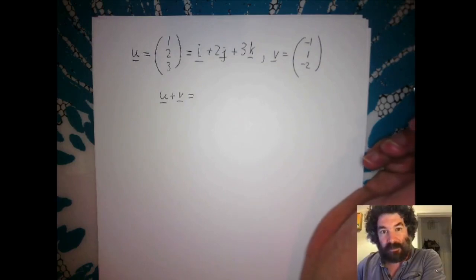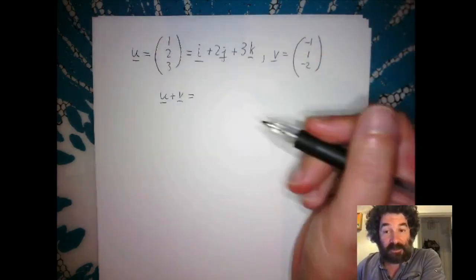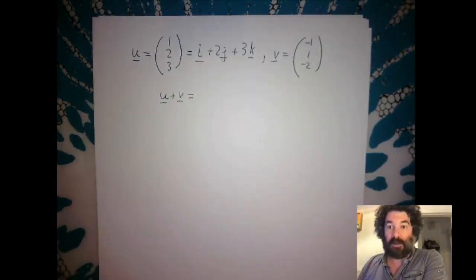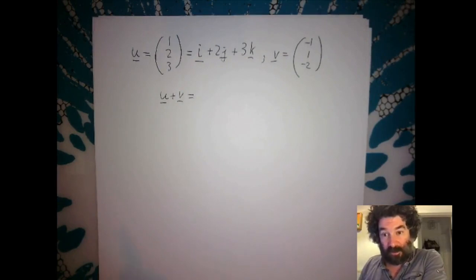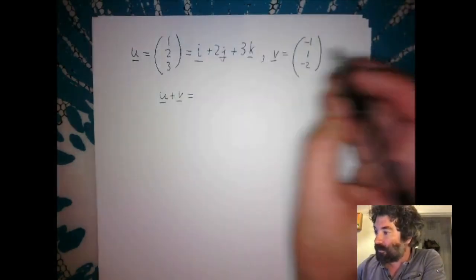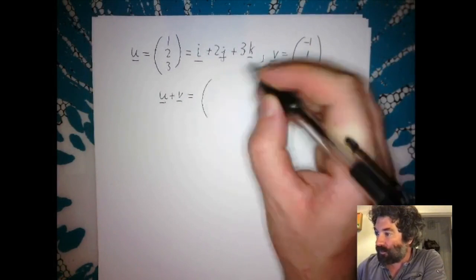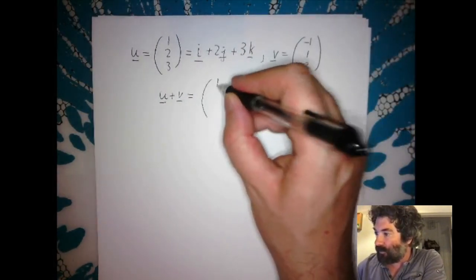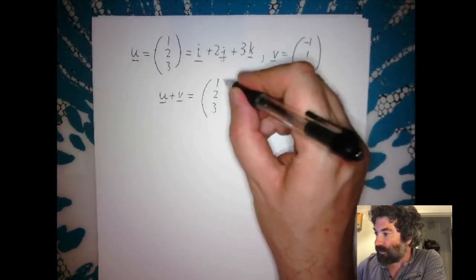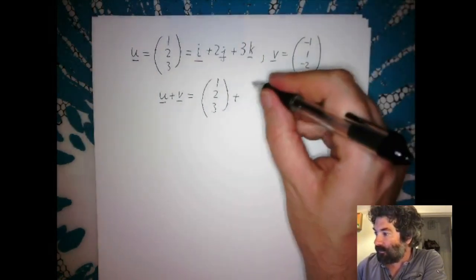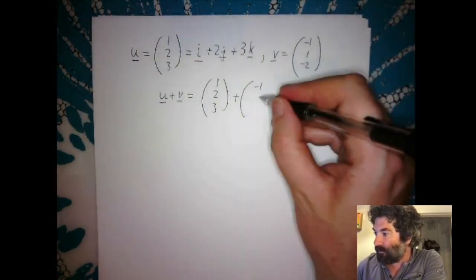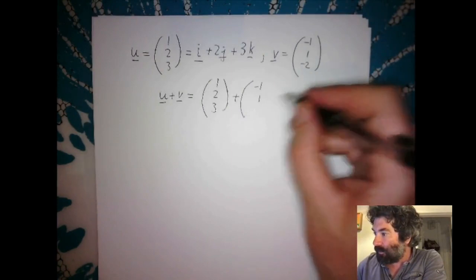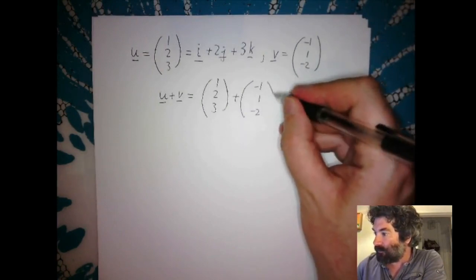Now when we add vectors together, we have the geometric definition. We lay the base of one on the head of the other, and then take this third side of the triangle. But we can compute this by simply adding the individual components of the vector. So we have u is 1, 2, 3, plus v, which has components -1, 1, -2.